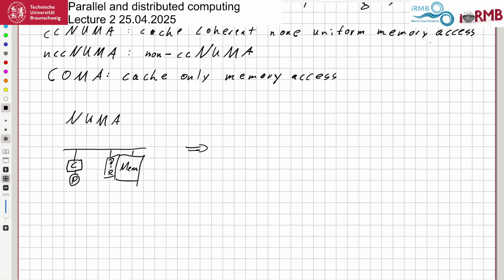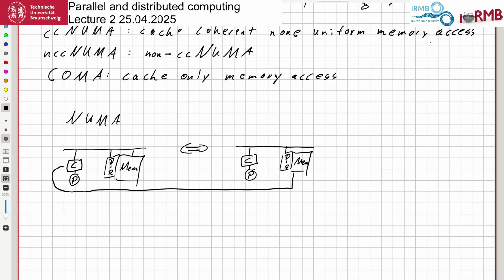And if now two machines talk to each other, then the datum is taken from the memory of the other node, but the datum has a fixed home position.